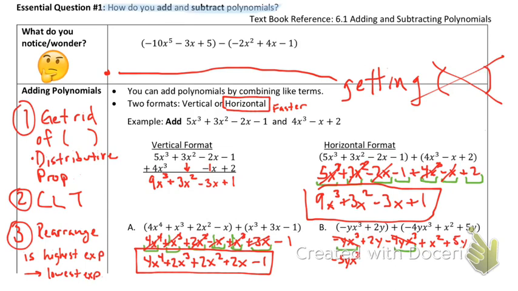And we continue this process just like we did in example A. So we're looking for just the y now, and we have a y here. So +2 and +5 gives me +7y.